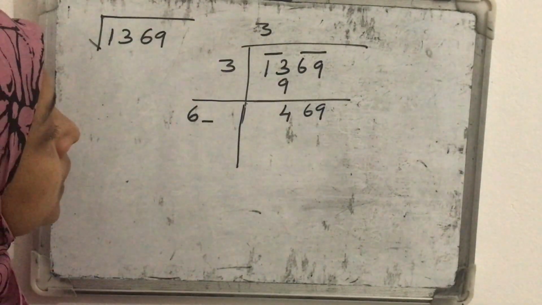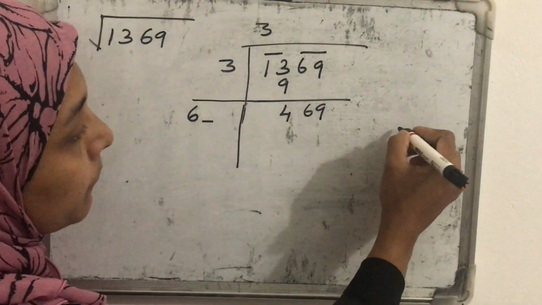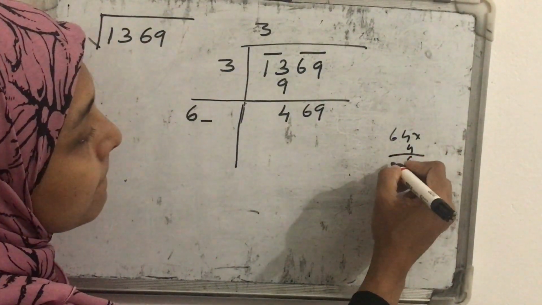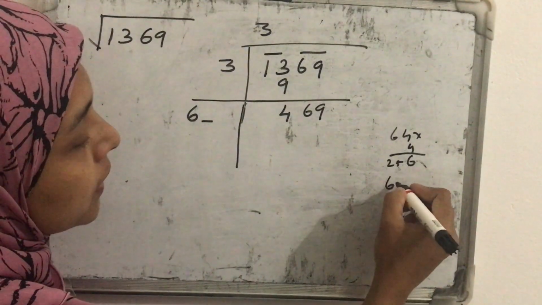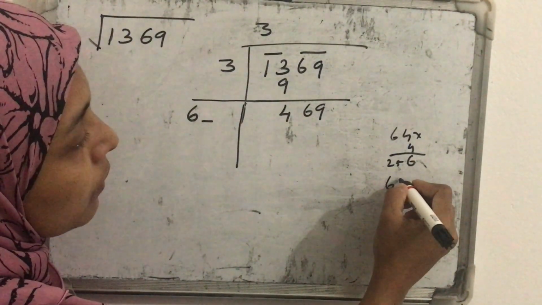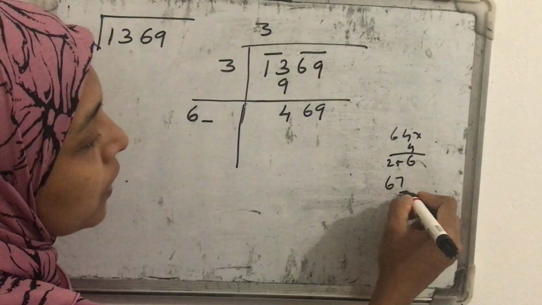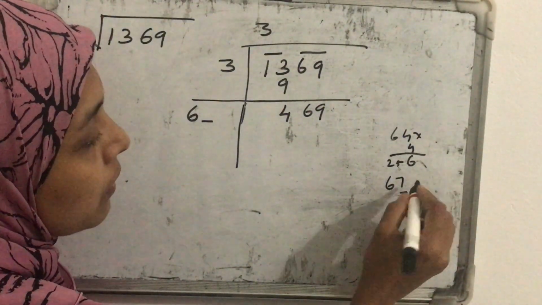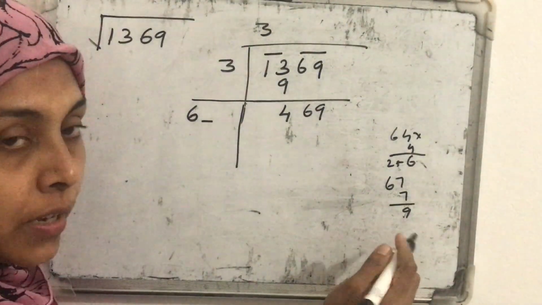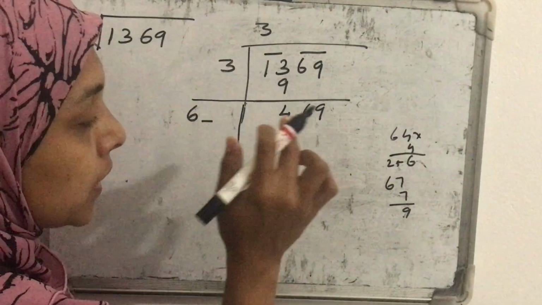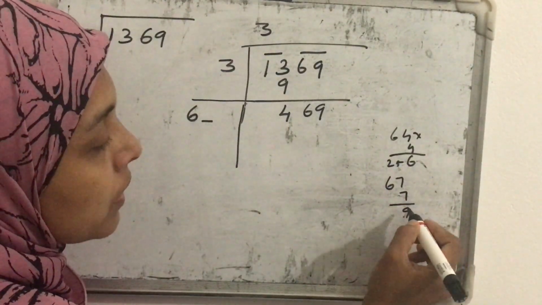If the number is 4, 4 into 4, that is only 256. So 67 into 7, because 7 into 7 is 49, that type we can think. In the ones place we want to get 9 for the correct number.